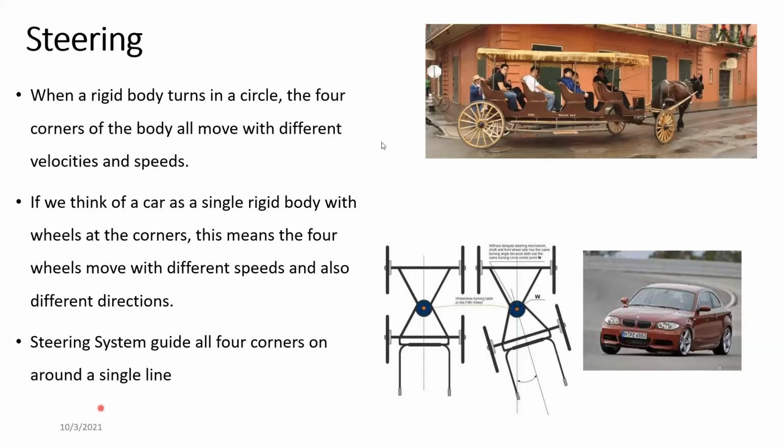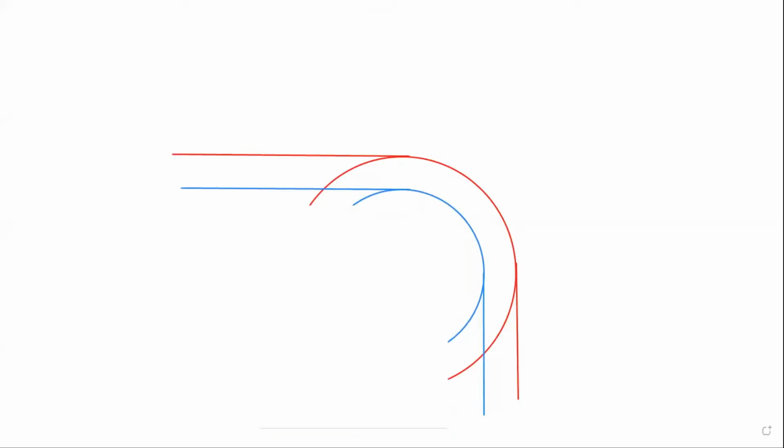Let me try to explain what I wanted to discuss. Now assume a tractor or any vehicle is coming from this way, takes a turn and goes out from that way.